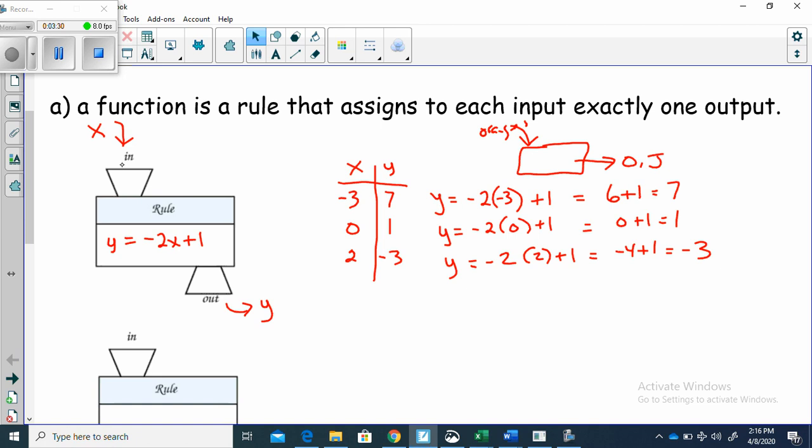If I were to put in negative 3 and I got out 5, it wouldn't make sense because my function says if I put in negative 3, I get 7. So the rule of a function is that for each input, there's exactly one output. If you want to know if something's a function, look at your x, make sure that there's no more than one y value for that x.